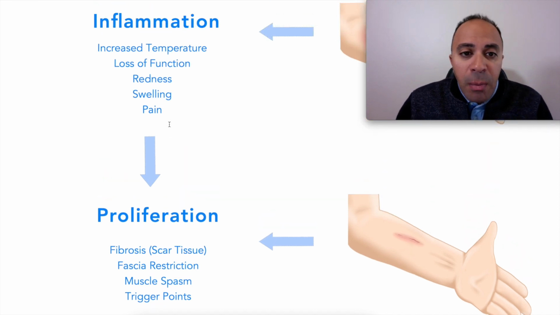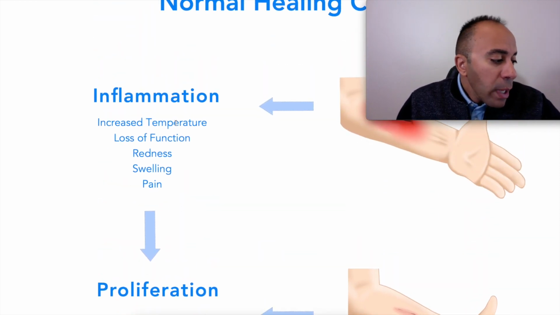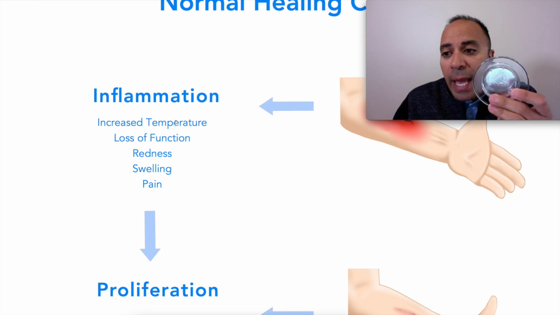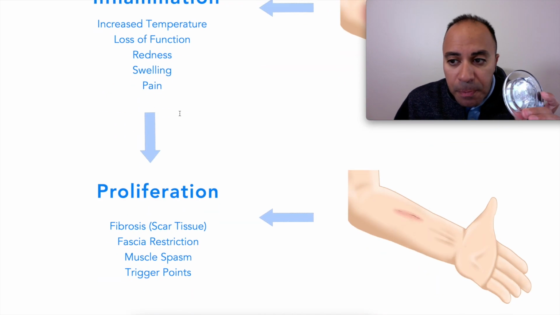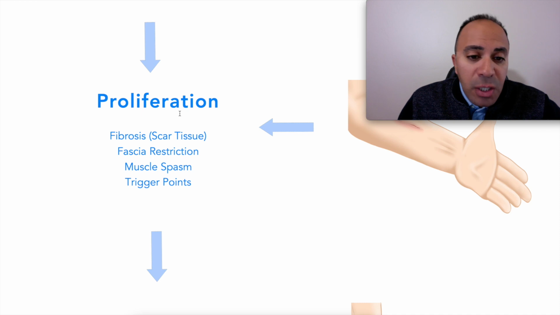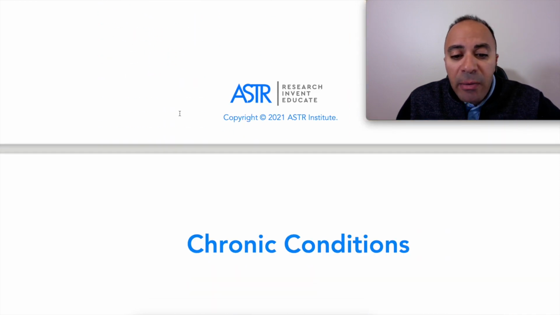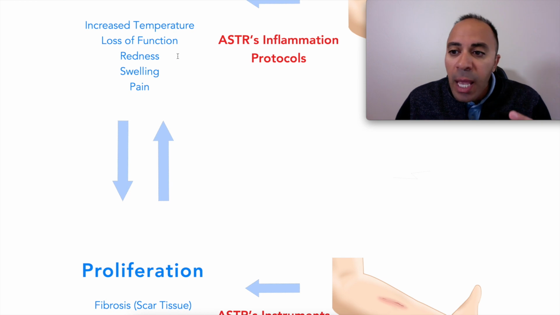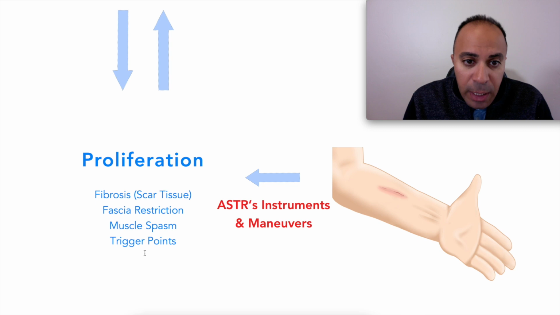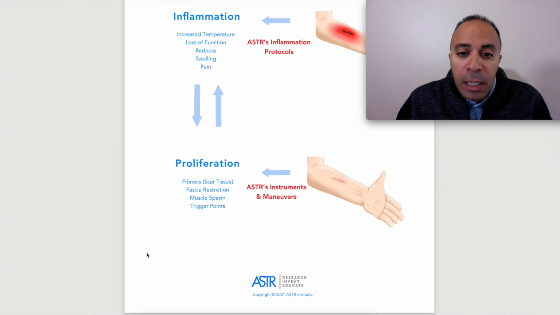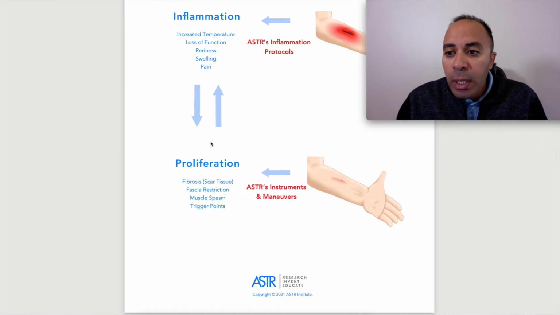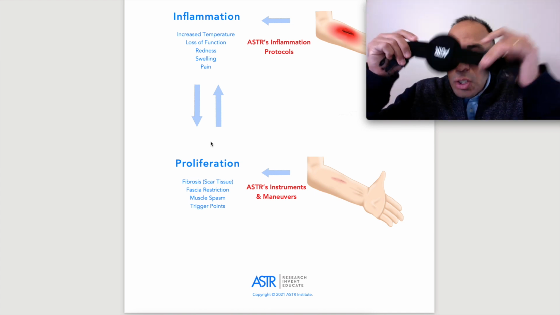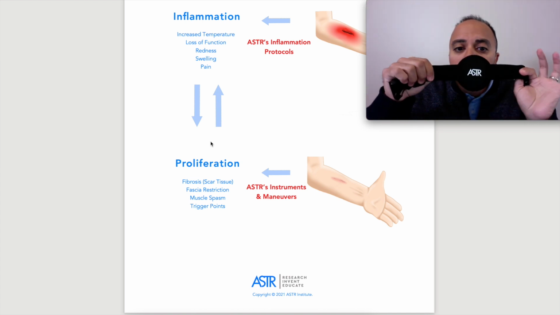If someone has inflammation, we have the MagnaHeal 1, which we use for mild inflammation. And for moderate to severe inflammation, when you have a chronic condition where your body is going back and forth between inflammation and proliferation, like this image here, I usually recommend the MagnaHeal 2 because it's wearable.